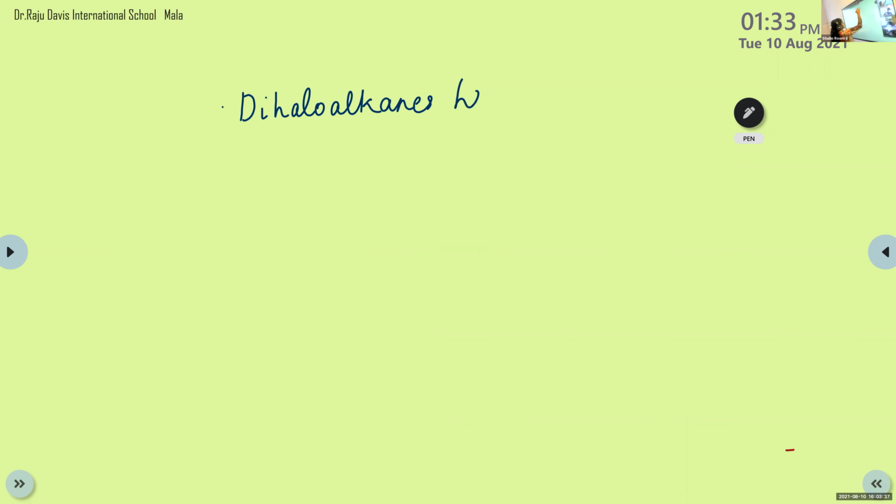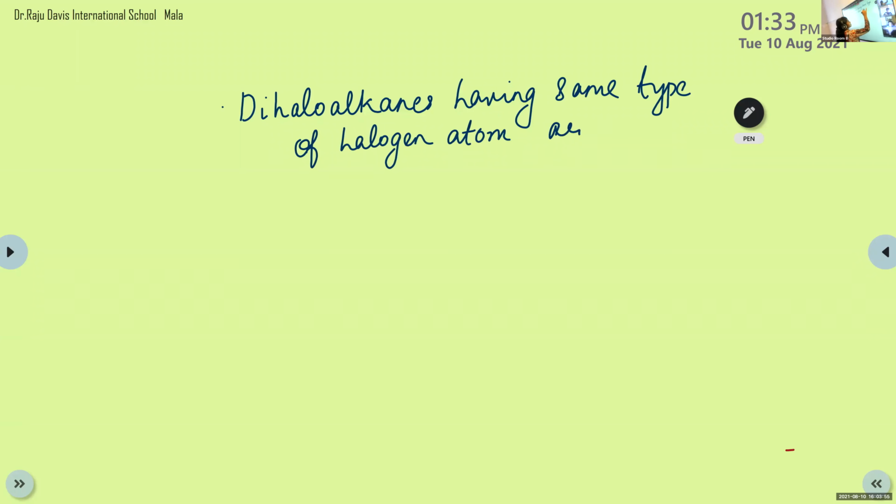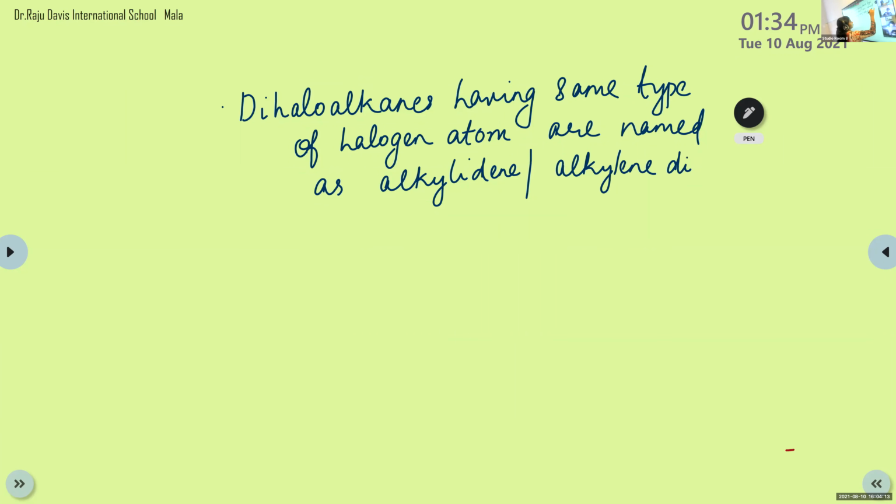Dihaloalkanes having same type of halogen atom are named as alkylidene or alkylene dihalides.